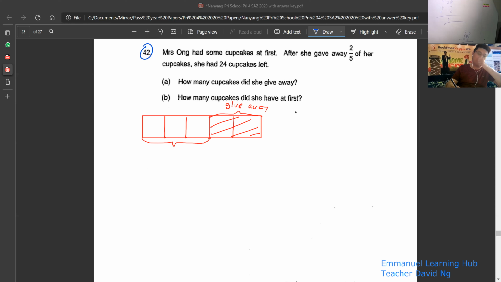How many cupcakes left? 24. Not 3, 24. 3 units equals 24. Yes. 3 units is 24. How many units are you supposed to find?